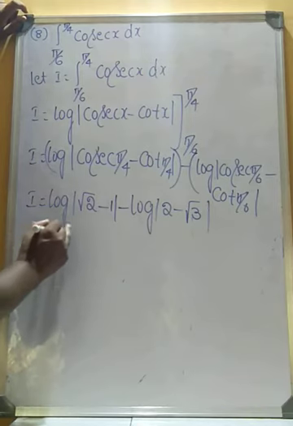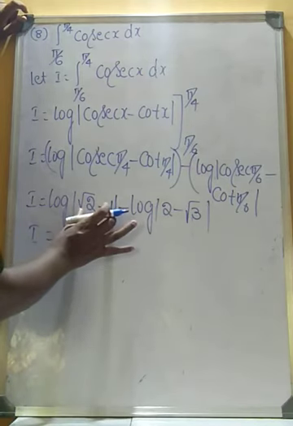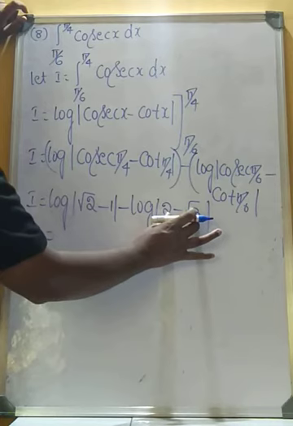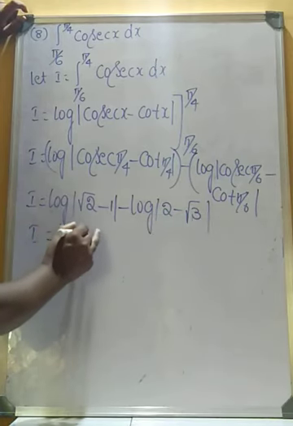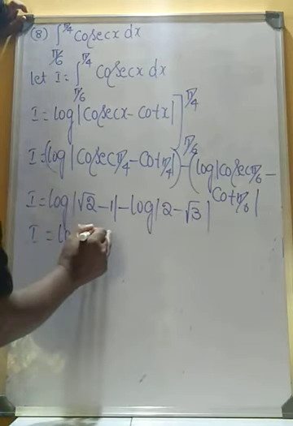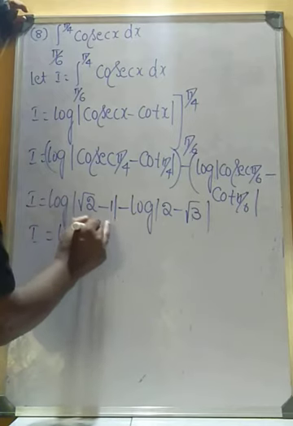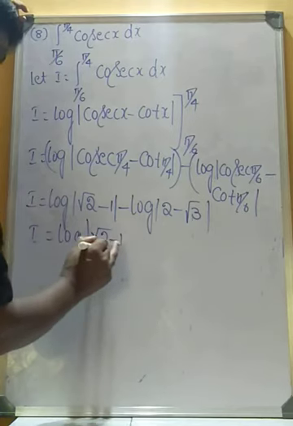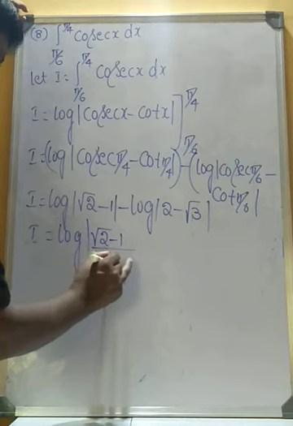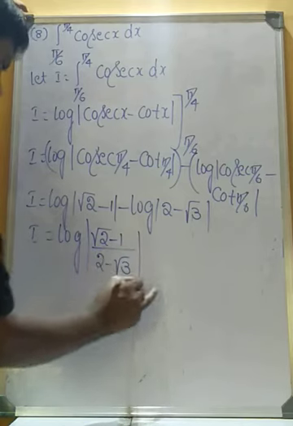Therefore, this is log A minus log B. You know formula, log of A by B, that is log of mod root 2 minus 1 dividing by 2 minus root 3.